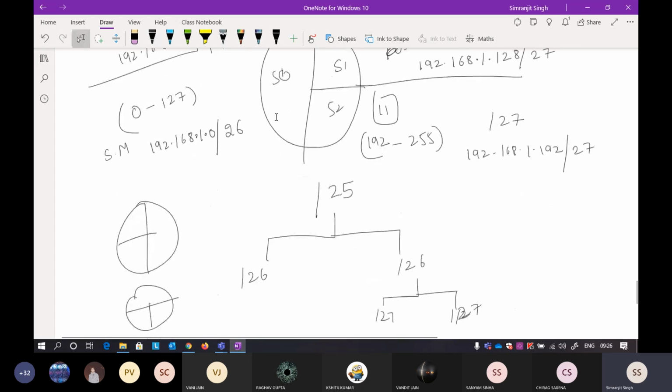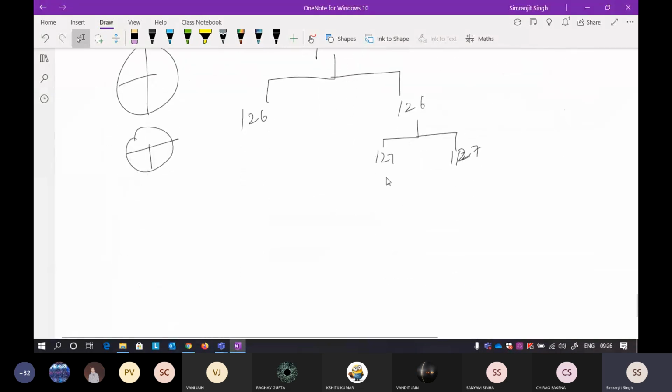Till here, I think I have finished the subnetting part. What we have covered till now: I started with fixed length subnet masking, which is also covered in your lab. Another one is variable length subnet masking, which is also covered in your lab. If it is not covered in your lab, it will be covered this week, since some classes were not able to cover it.